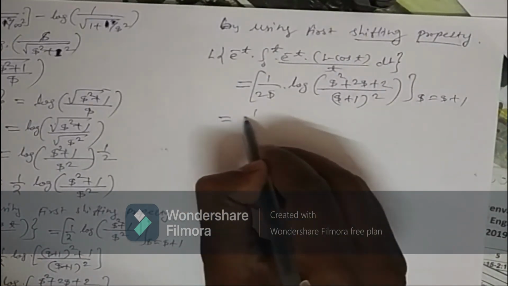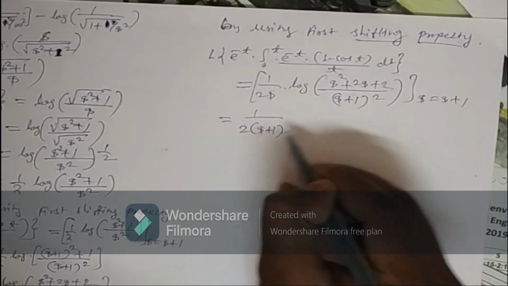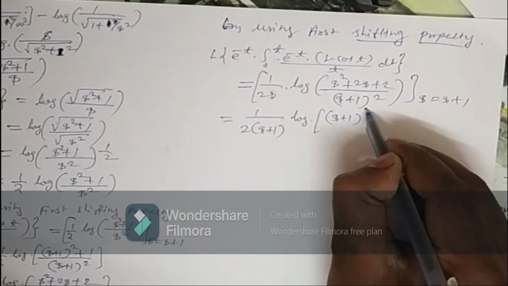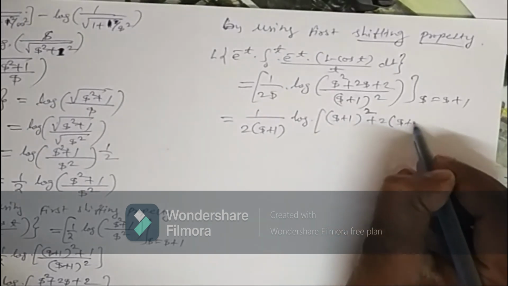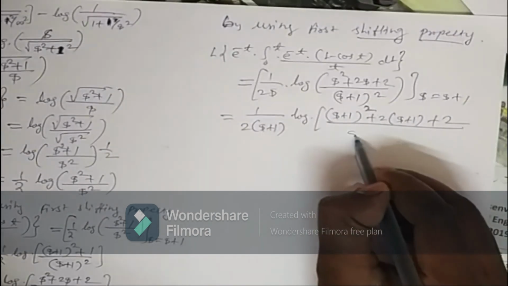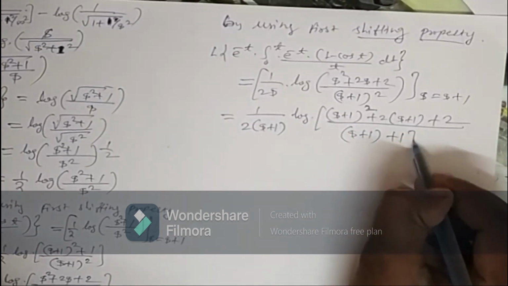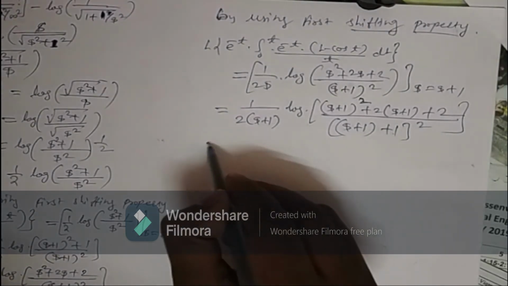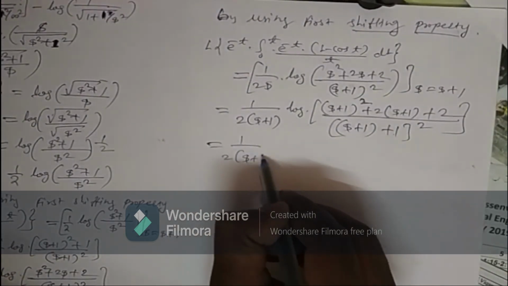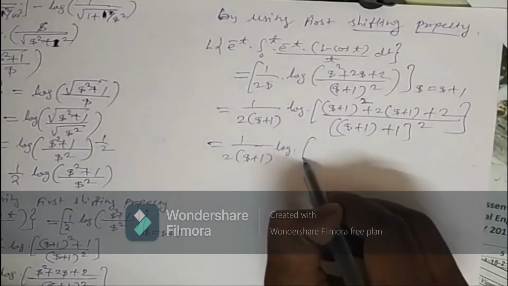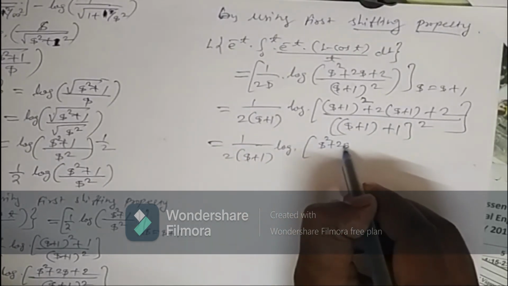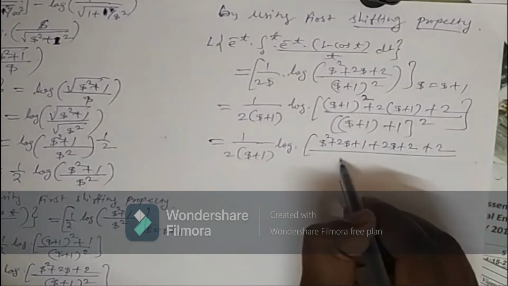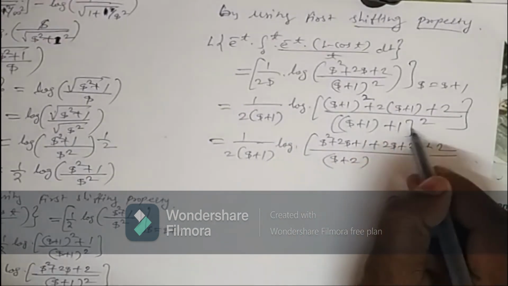Now put the value, what do we get here? 1 upon 2 into (s plus 1) log of ((s plus 1) square plus 2 into (s plus 1) plus 2 divided by (s plus 1 plus 1) square). Now simplify this finally: 1 upon 2 into (s plus 1), log of (s square plus 2s plus 1 plus 2s plus 2 plus 2 divided by (s plus 2) square).